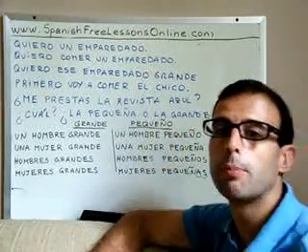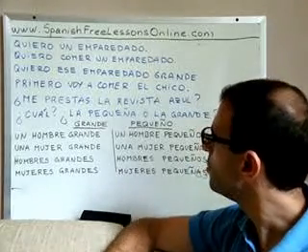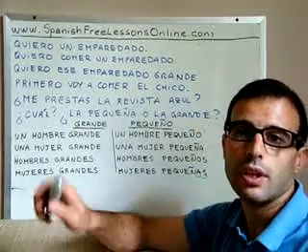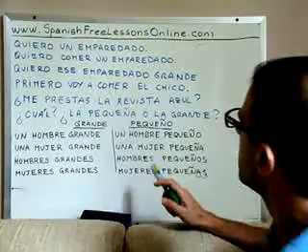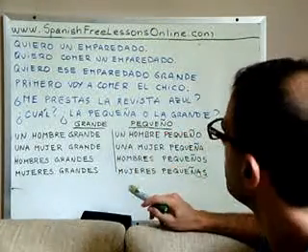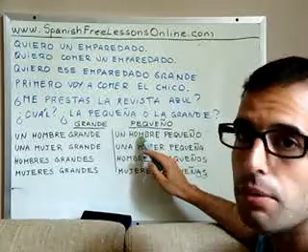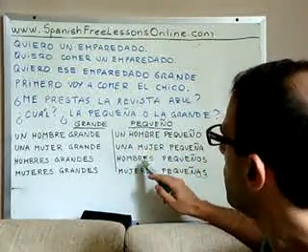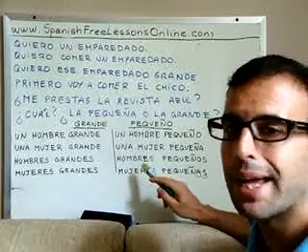And now that we are talking about adjectives, I want to show you and teach you something new. Look at this. Pequeño is small. Hombre is man. Mujer, woman. Hombres, men, plural, right?